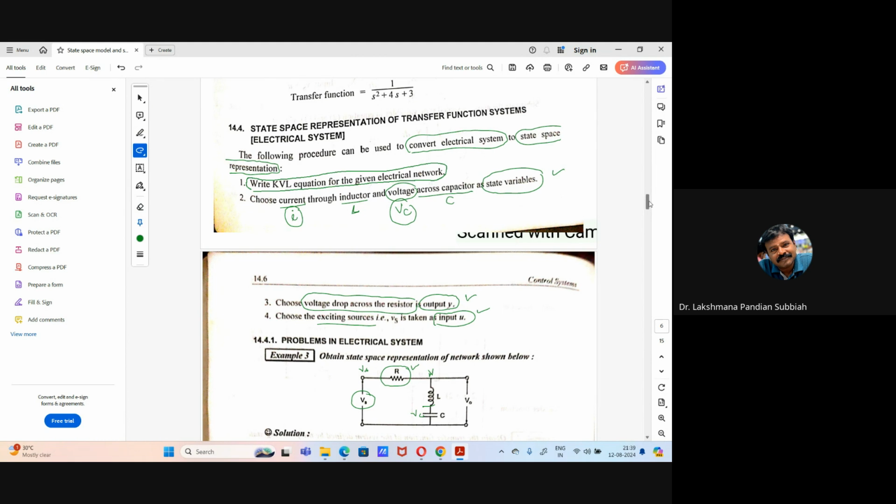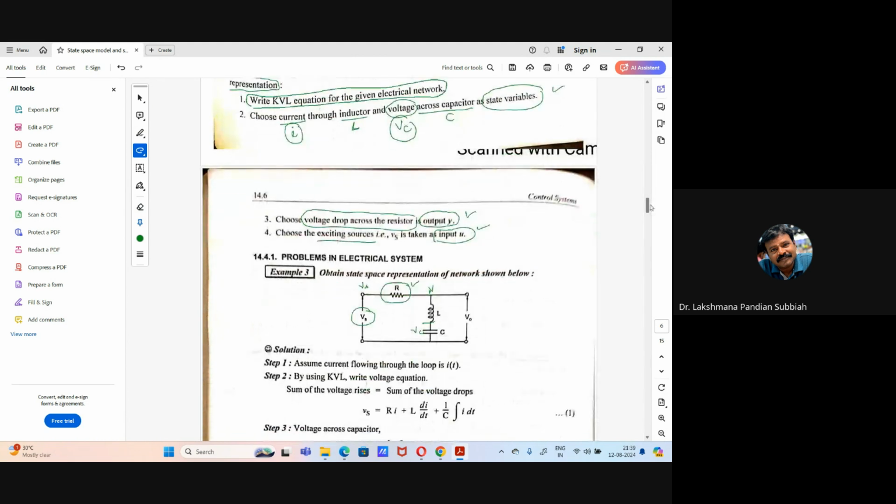Now consider a simple electrical circuit with a resistor, inductor and capacitor, an RLC circuit.